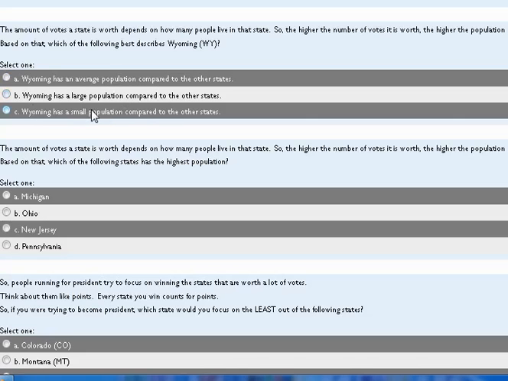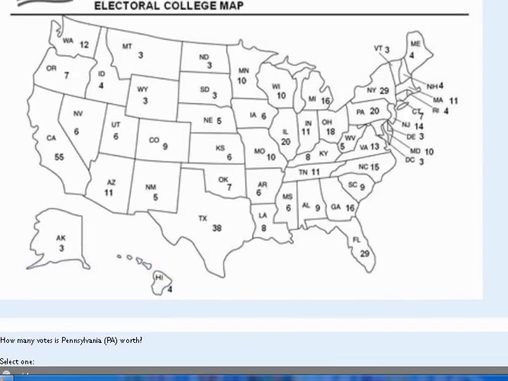Or does it have a small population? You're saying to yourself, how am I supposed to know what the population of Wyoming is and whether that's big or small? You can scroll back up, find Wyoming. There it is, WY. It's only got 3 votes or 3 points. So use that information and try to figure out if the fact that it only has 3 votes means that it's a big state, small state, or kind of in the middle.